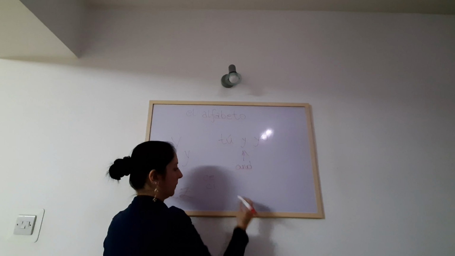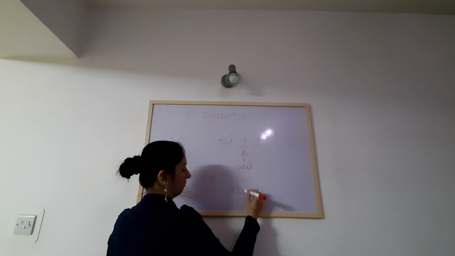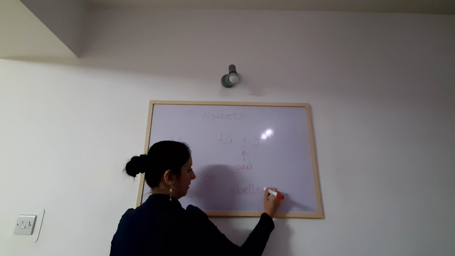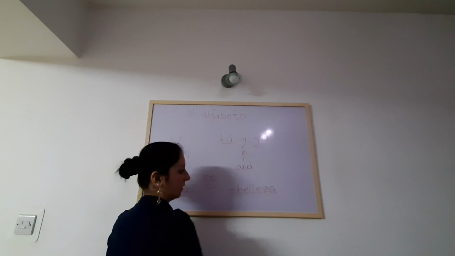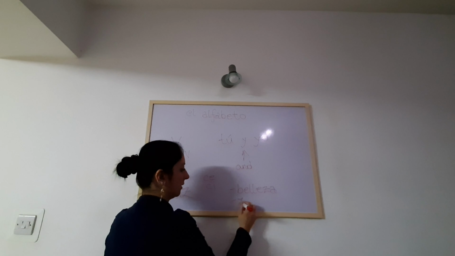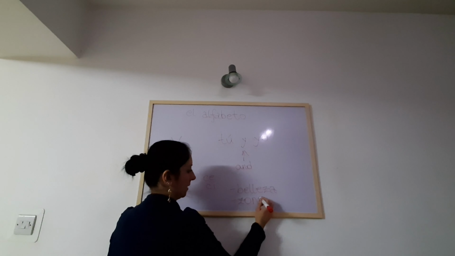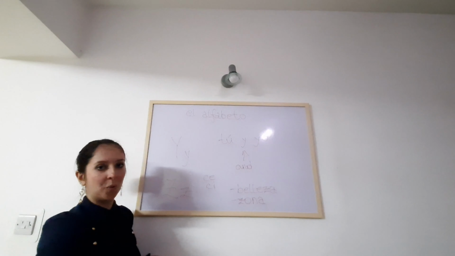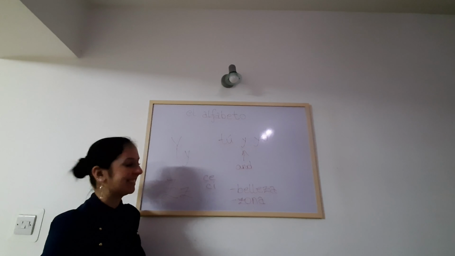For example, belleza as beauty, or zona, zone. And that's it. Now that we've seen all the letters and how they should be pronounced approximately, I will just say random words from A to Z just so you can kind of practice.